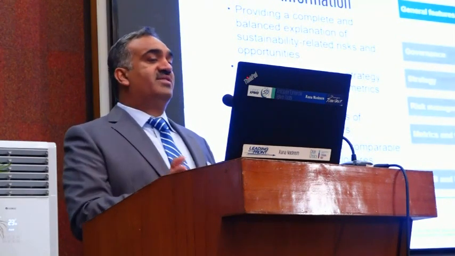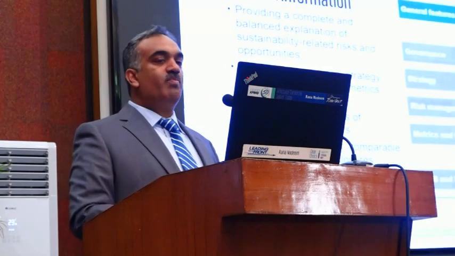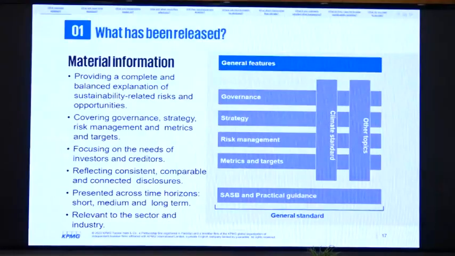Then material matrices, as I said, this bottom band is the guidance, which is open. For example, SASB covers more than 1,000 topics, covering 77 industries, or at least 77 businesses, they call it.